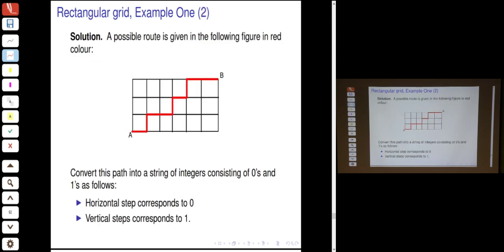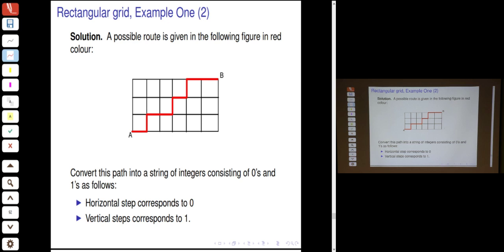So the solution is this. Let's consider a possible route going from A to B, for example, these red zigzag segments. We want to convert this path into a string of integers consisting of zeros and ones. Whenever you move to the right, to the east, you label it 0.